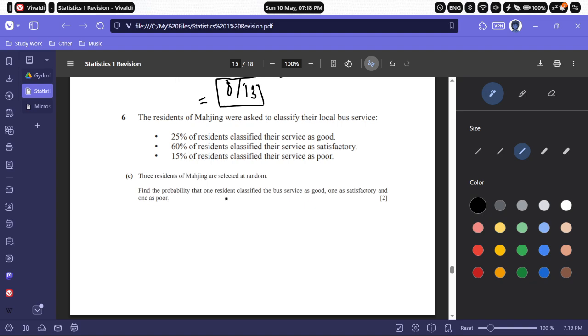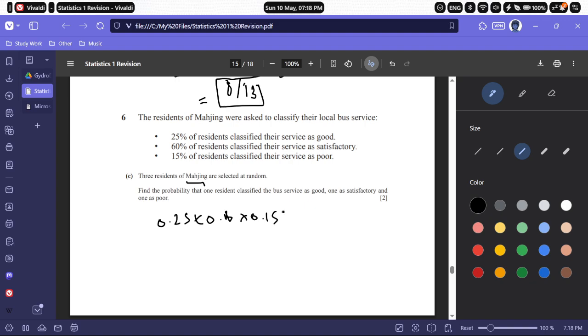So you're given three probabilities for some sort of a service. Probability that it's good or satisfactory or poor. And then three residents of Maheng. Wait, I don't know how to pronounce that. So finally, probability that one resident classified the bus service as good. So that's just 0.25. One as satisfactory, and one as poor, so times 0.6, times 0.15.